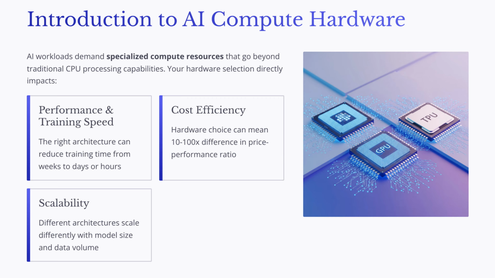Third, scalability. As model sizes grow into the billions and trillions of parameters, and as datasets balloon into terabytes and petabytes, different architectures scale very differently. Understanding these trade offs is no longer optional, it is the foundation of intelligent AI infrastructure design.